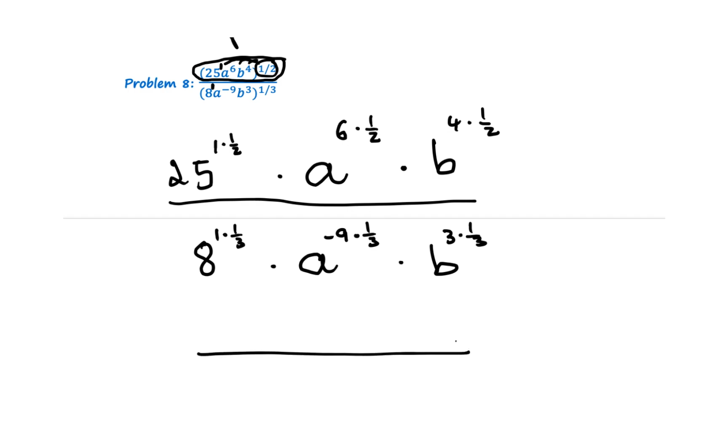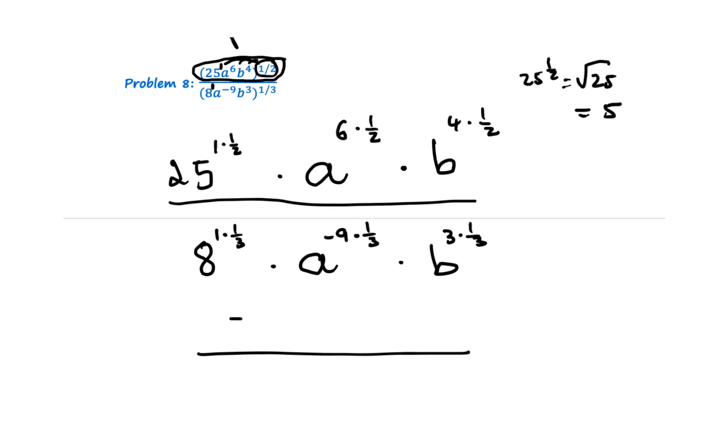All right, so 25: 1 times 1/2 is 1/2, so that's 25 to the power of 1/2, and we know that 25 to the power of 1/2 is the same as the square root of 25, and the square root of 25 is 5. If you haven't done so, make sure that you watch all the videos about exponents, and it will make sense.